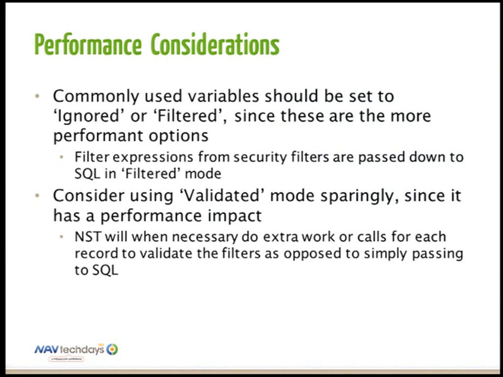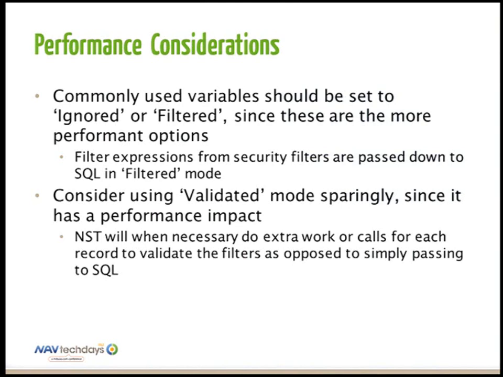Some performance considerations that you should think about. It's mostly for the validated property, because the validated mode does make us go into record by record validation in some cases in the NST. So you should always try to use the filtered, if possible. That will make us, the security filter will then be passed on to SQL, and SQL will do the filtering, so that's the fastest we can do.